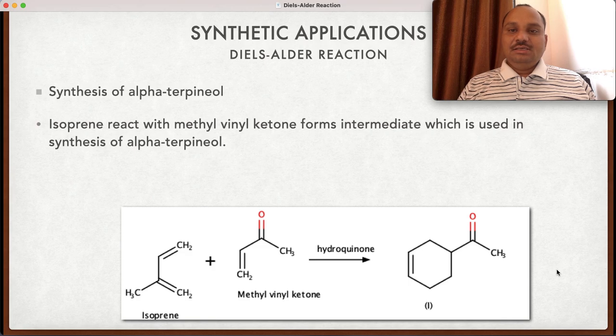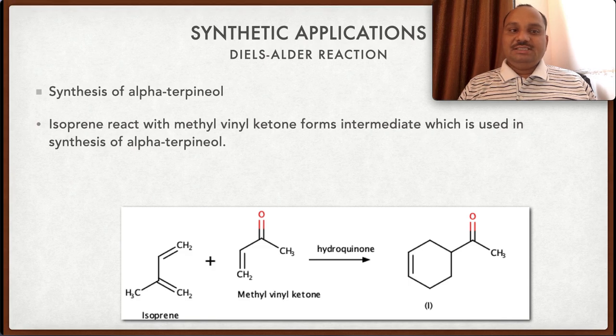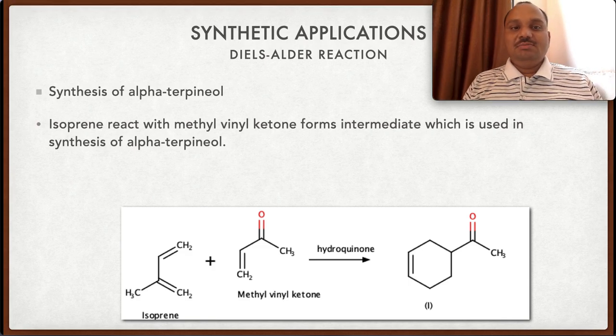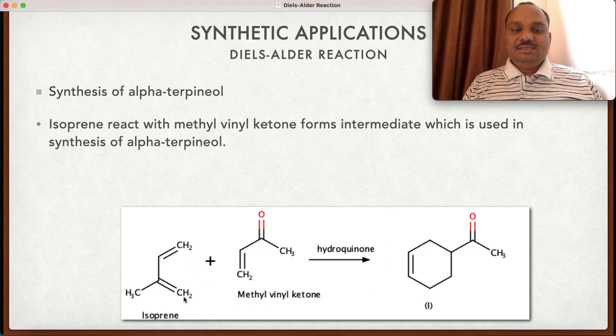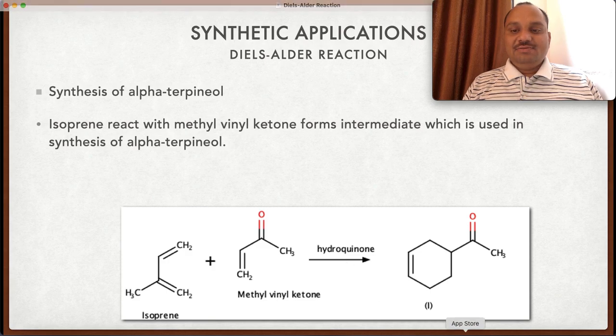The second important synthetic application is the synthesis of alpha-terpineol. Isoprene, that is CH2=C(CH3)-CH=CH2, reacts with methyl vinyl ketone, that is CH2=CH-CO-CH3, in the presence of hydroquinone. By Diels Alder reaction, it forms the cyclohexene derivative.